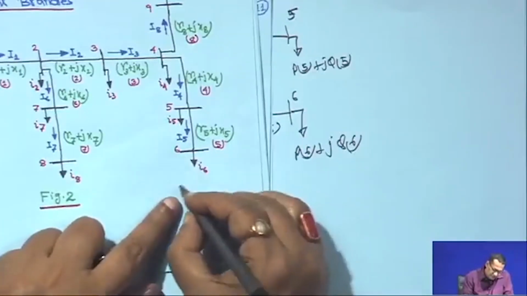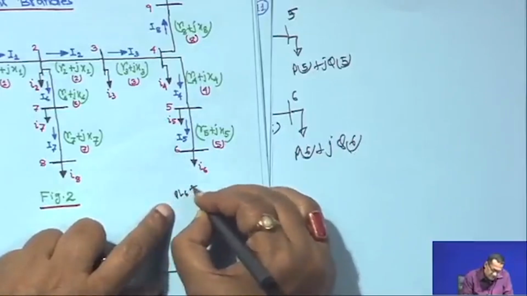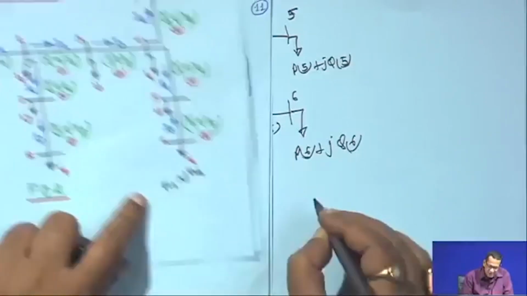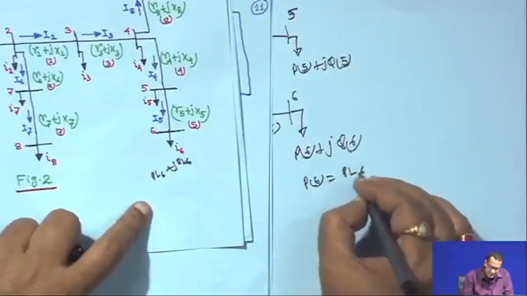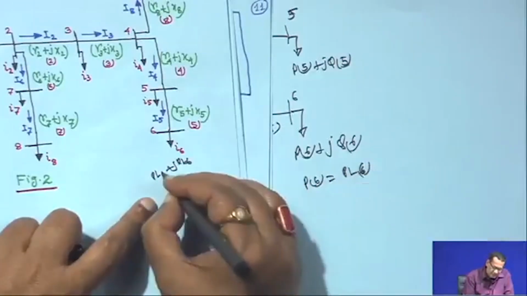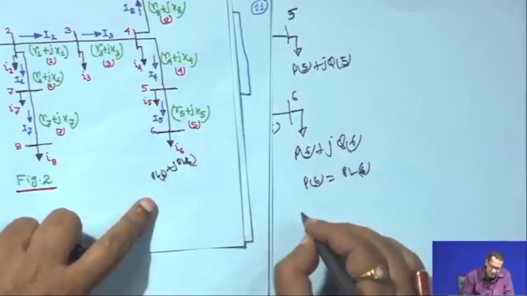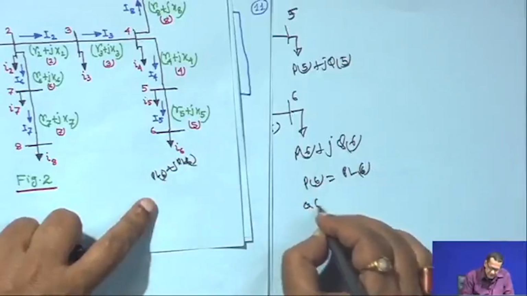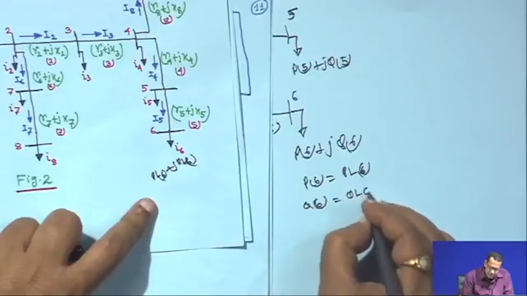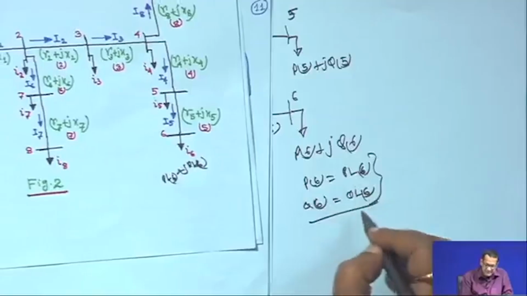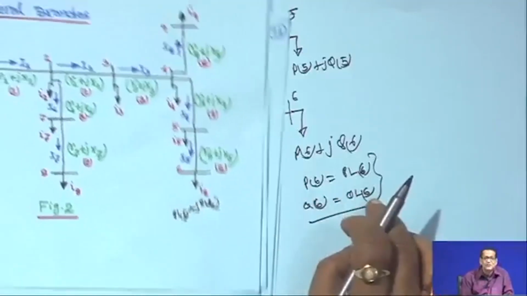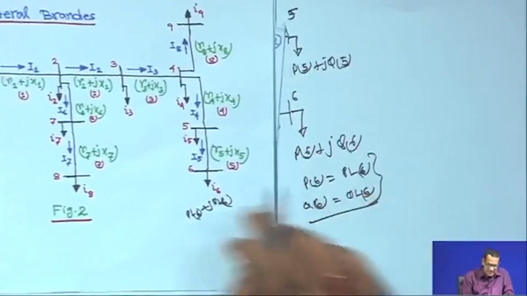For example, here the load is also there, P L 6 plus J Q L 6. So, P 6 in this case will be P L 6, or I can put it in brackets here also if you want, and Q 6 will be equal to Q L 6. There are no other branches, so there is no question of adding branch losses.